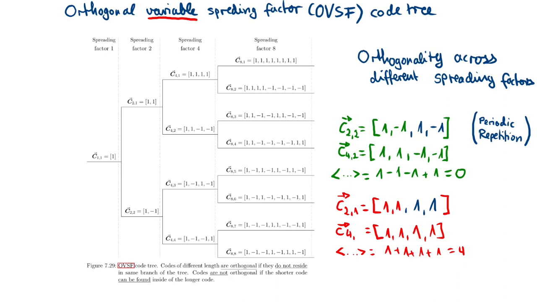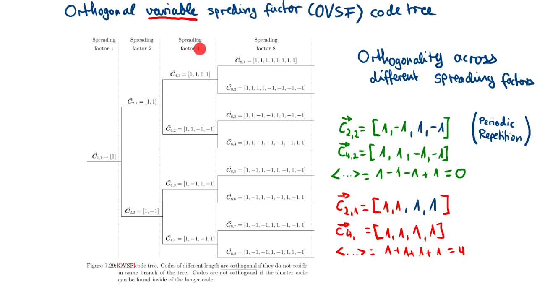So in the most simple case, the Hadamard matrix of order 1 is used, and it only has one row and one column, so there's only one code. And on the next level, you have a Hadamard matrix of order 2, and you have 2 columns, 2 rows, and of course 2 different possible codes.